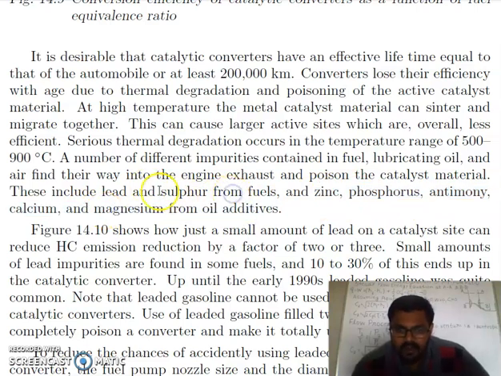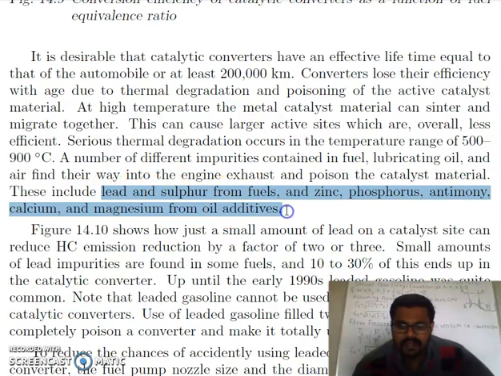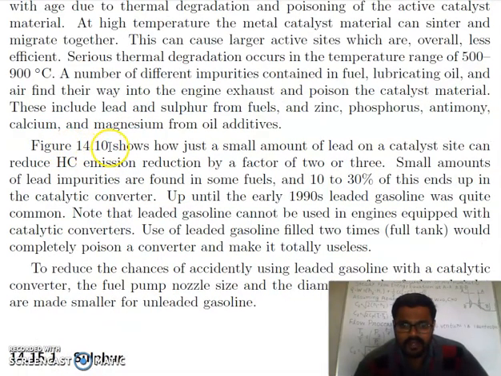These all will degrade the life of the catalytic converter. Figure 14.10 shows how just a small amount of lead on catalyst sites can reduce hydrocarbon emission reduction by a factor of 2 or 3. Small amounts of lead impurities are found in some fuels and 10 to 30% of this ends up in the catalytic converter.